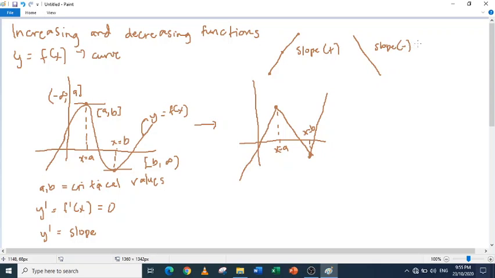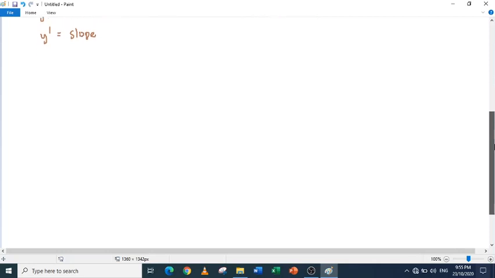Okay? So, example, gamitin ko na yung example doon sa module or sa LMS ninyo. So, example, we have the given function y equals 3x squared minus 12x plus 9.